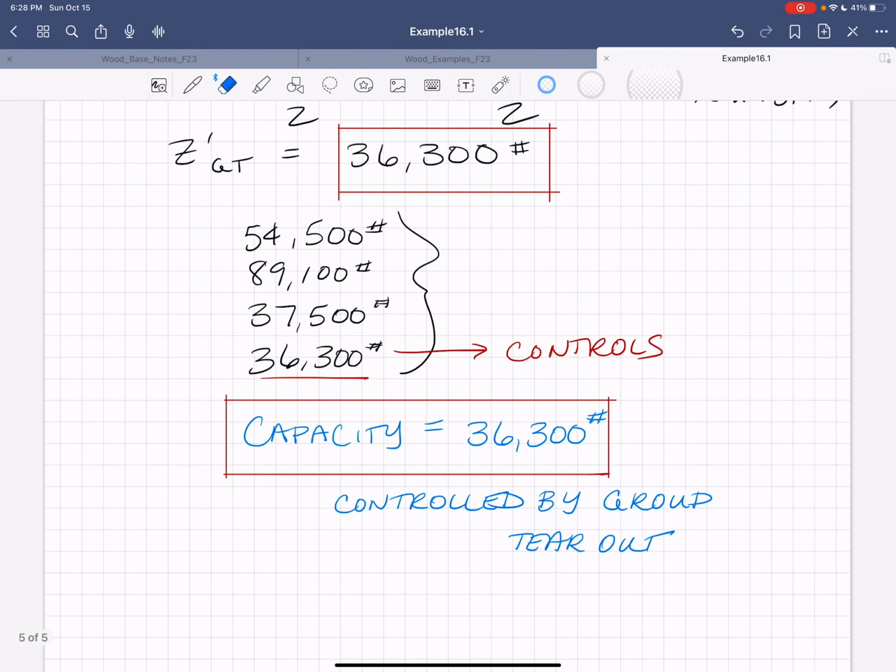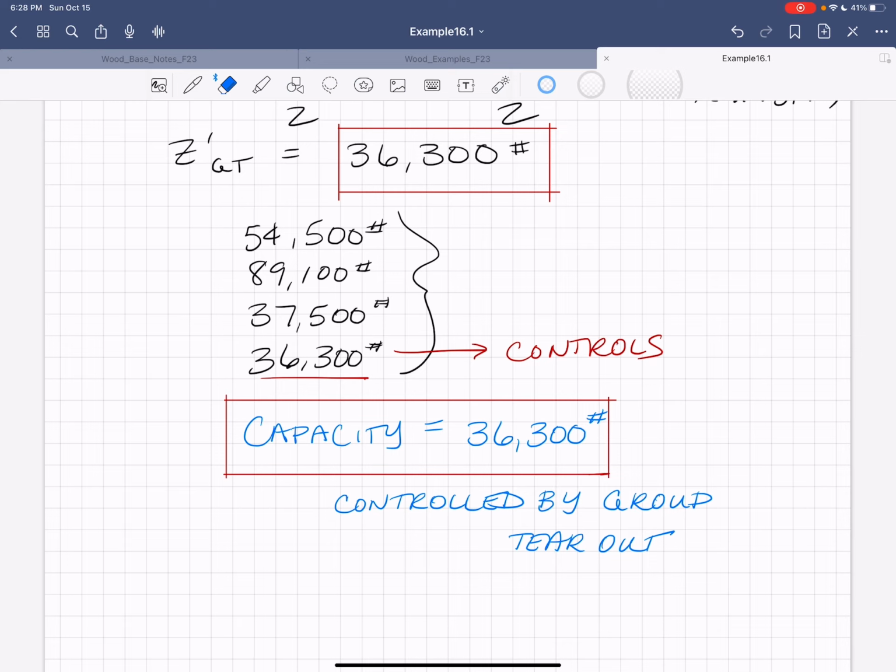If I go back, the first one was bearing or direct shear of the bolts individually. Then we had the 3 others: net tension, single row tear out or individual row tear out, and then finally the group tear out. Looking at all these factors, this is the one that controls.